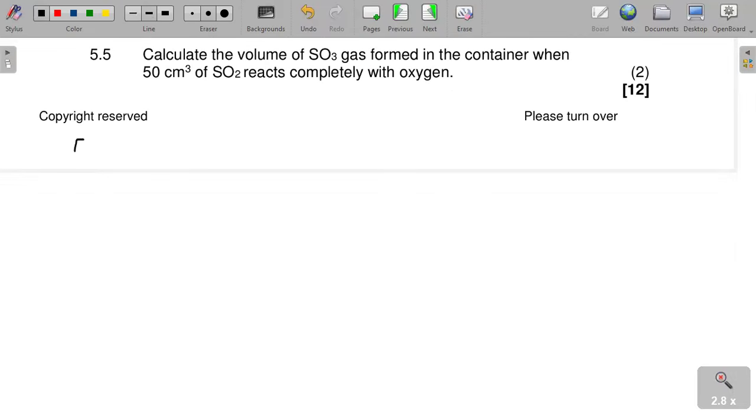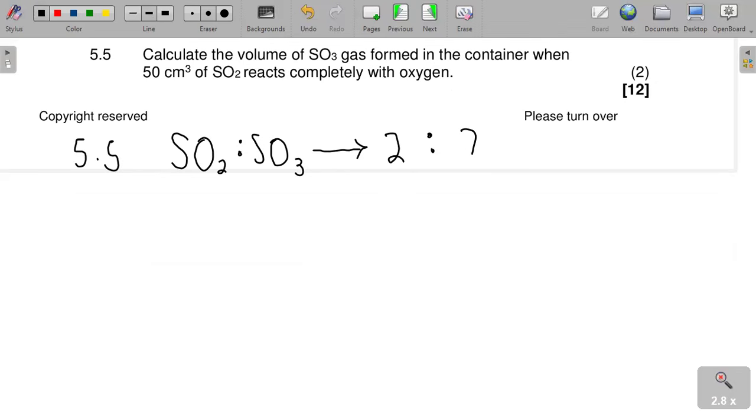So if you have 50 here, you will also have 50 this side.